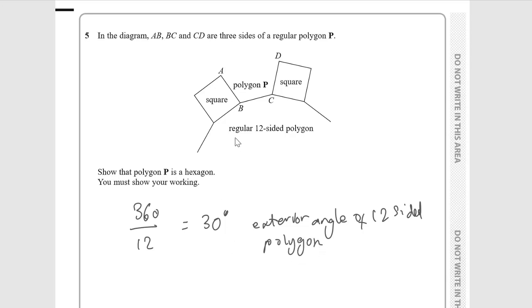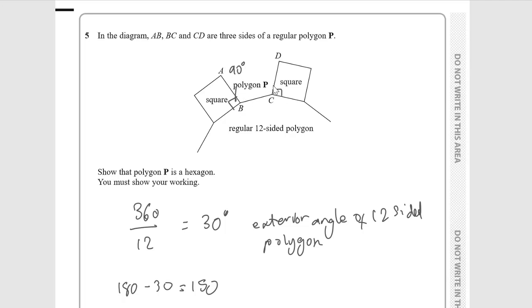And then we can see that 180 subtract 30 will give us 150. So if we have, for example, a square, this is going to be 90.